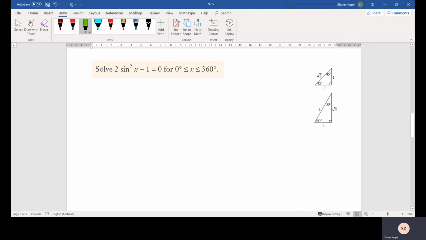So solve 2 sine squared x take 1 equals 0, between 0 and 360 degrees. So once again, I want to draw my unit circle on just to help me out. All stations to central. The other thing I'm going to have to know is back to my Pythagorean identities.